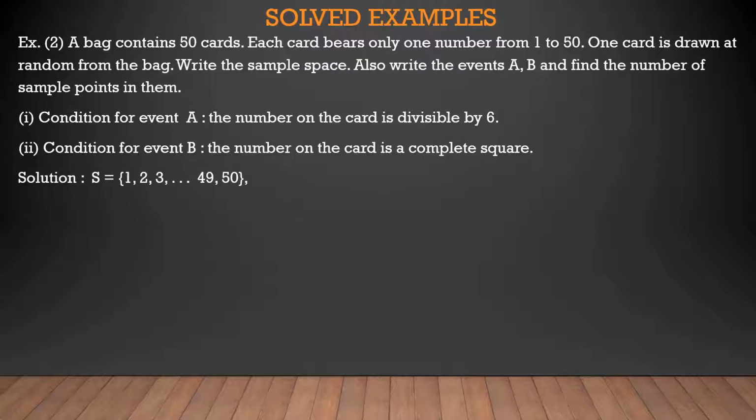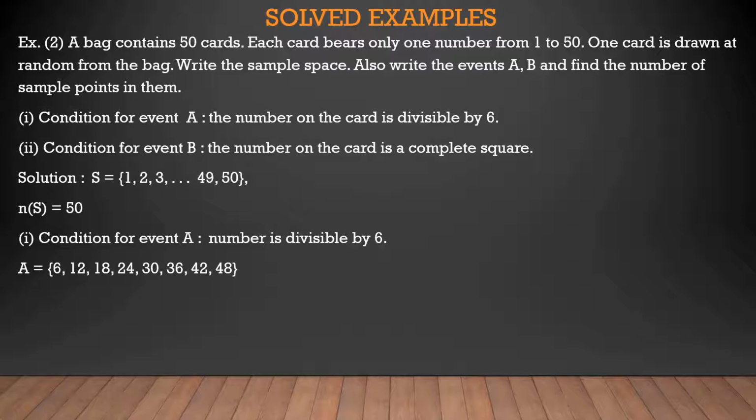Solution: S is equal to 1, 2, 3 till 50. So the numbers starting from 1 till 50 should come in the sample space. So N of S is equal to 50. Condition for event A is number should be divisible by 6. Now let us write the numbers between 1 to 50 that are divisible by 6.